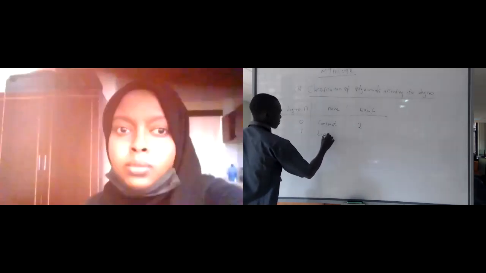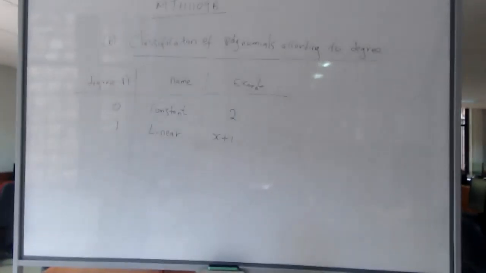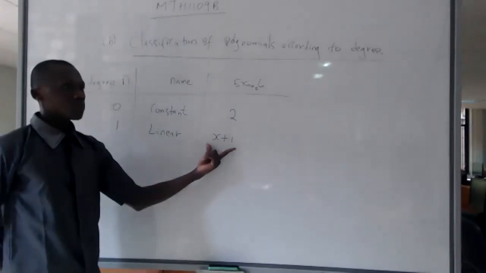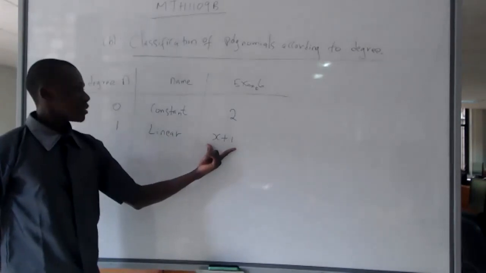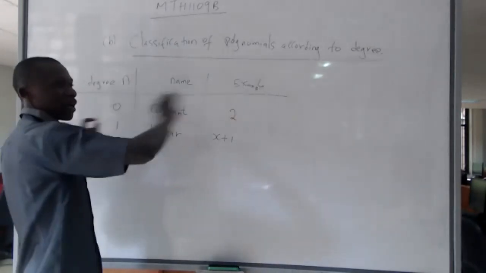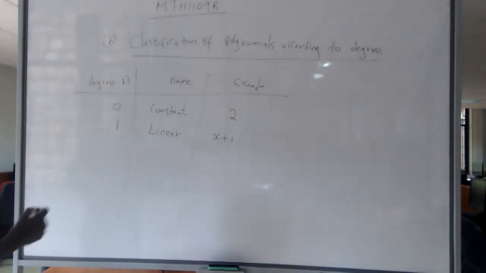For degree 1, we have linear polynomials. For example, x plus 1. It's linear because the graph of this expression will be a straight line. Of course, we can also graph constants. It will be simply a constant graph, which is a horizontal line.